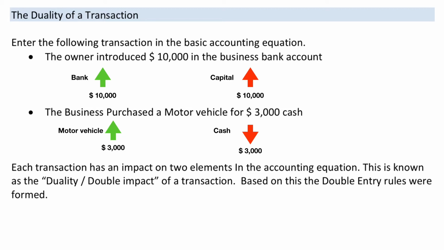Now, when you look at both of these transactions, you see that even though there was just one transaction, there are two effects. This is what you call the dual impact of a transaction, or the duality of a transaction. Okay, clear? So every action has an equal and opposite reaction, right?